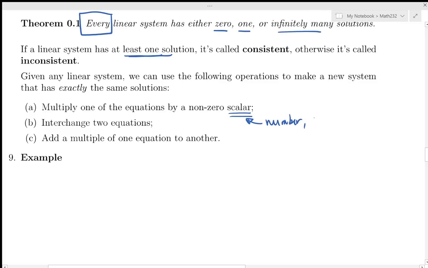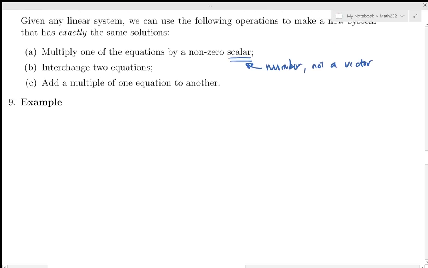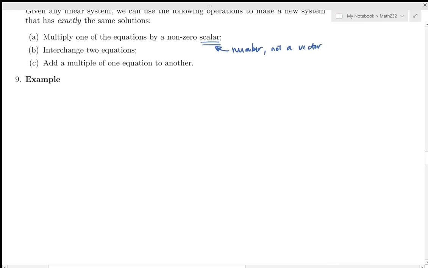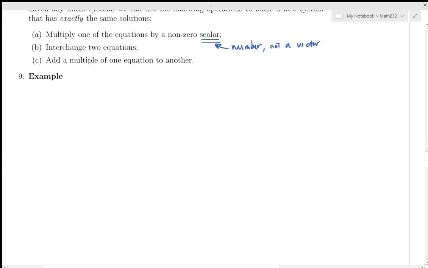Some of this vector scalar thing is going to become completely clear when we do the lecture for chapter 1. But right now I want to start with these linear equations because they are more familiar. So let us take a look at a 2 by 2 linear system.